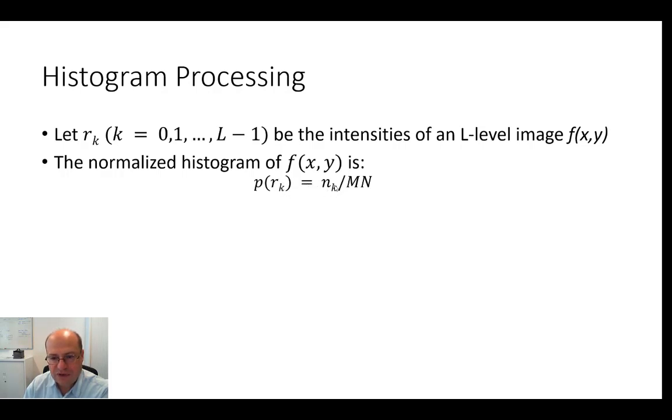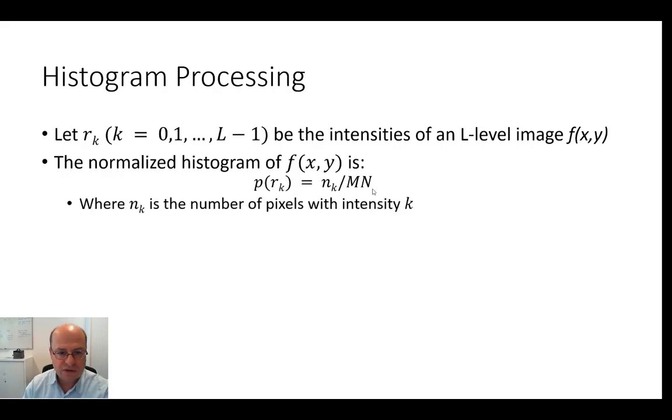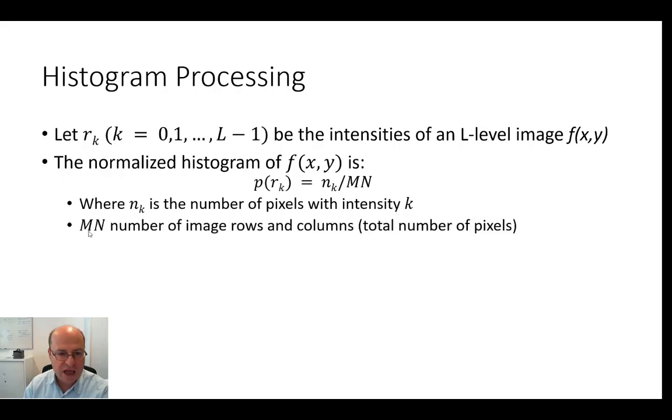It is equal to the number of pixels with intensity Rk divided by the size of the image. It's basically the number of pixels with this intensity normalized by the size of the image, where nk is the number of pixels with intensity k, and M and N are the number of image rows and columns, basically the total number of pixels in the image.